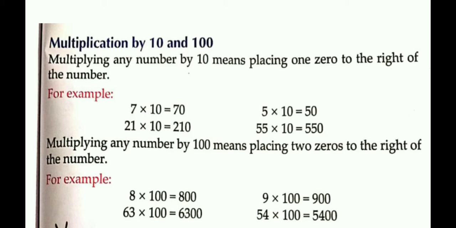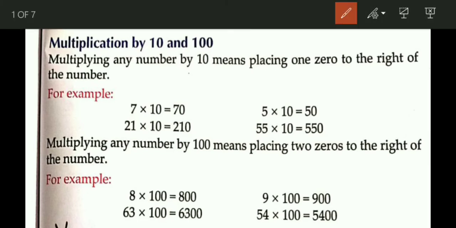For example, the first one is 7 into 10. 7 into 10 is 70, yes or no? So here is the number 7, and the answer here you will get 7 along with a 0, yes or no? You will see here that 0 is placed at the right side of the number 7.